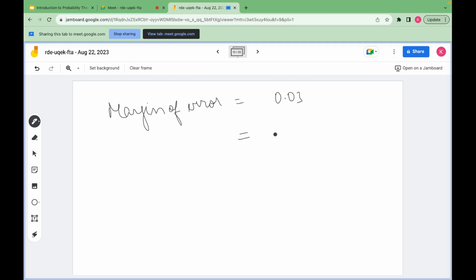Now we are given the margin of error is 0.03. This is nothing but z alpha by 2 into sigma divided by root n. Z alpha by 2 we calculated, this is 1.645. Sigma we calculated, it is 1 by 4.